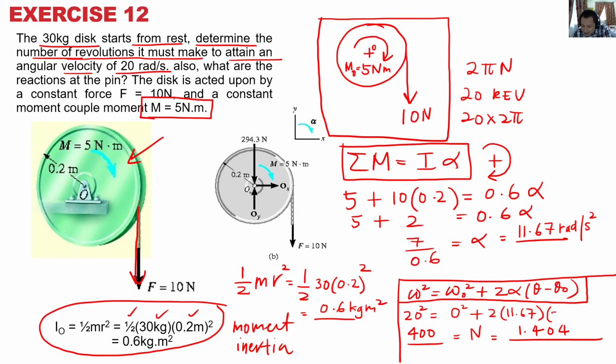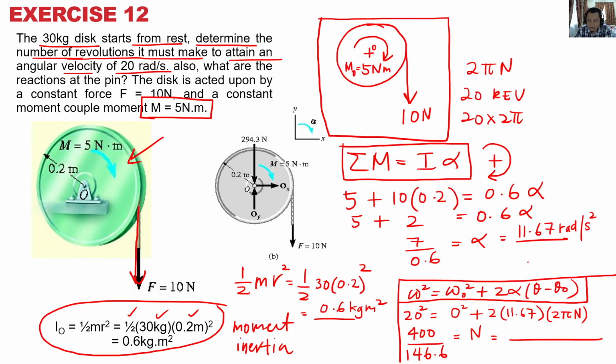Let's try it again. 2 pi times n. Did I multiply wrongly? 2 times 11.67, times 2 times pi, is 146.6. Is there any mistake? Determine the number of revolutions to attain an angular velocity of 20 radian per second, originally at rest.